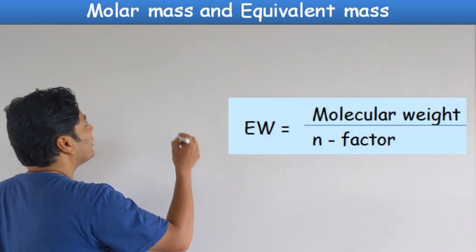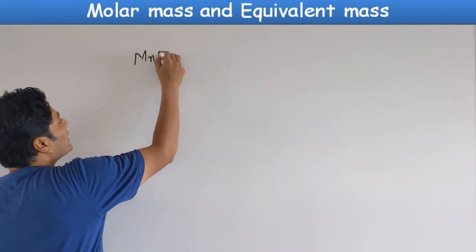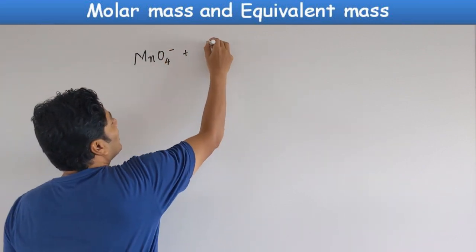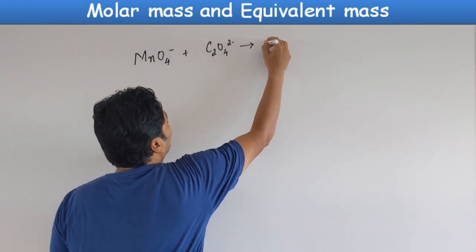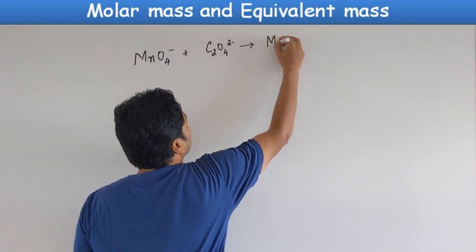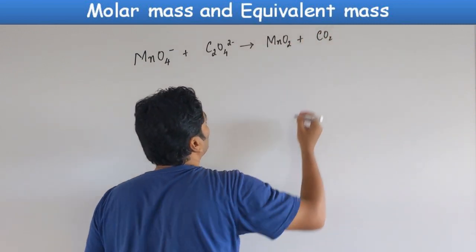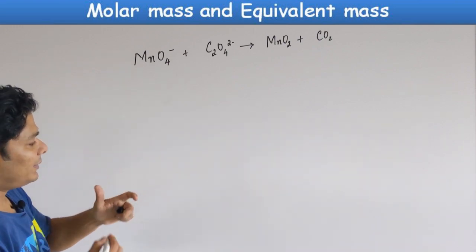Now let's look into an equation that we already know. I told you this also in the d-block lecture, this is important. MnO4 minus can react with oxalate, C2O4 2 minus, and let's say it is a basic medium, so it becomes MnO2 plus CO2. We can balance this equation based on our redox method.